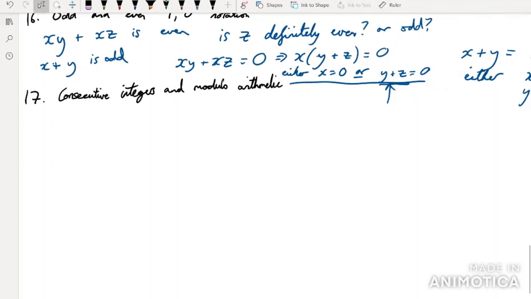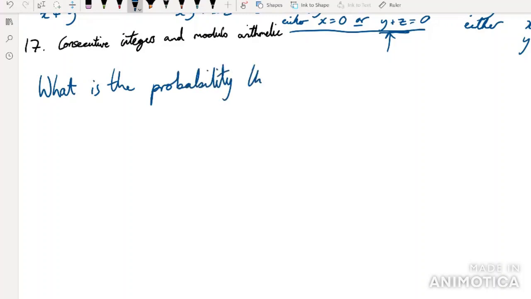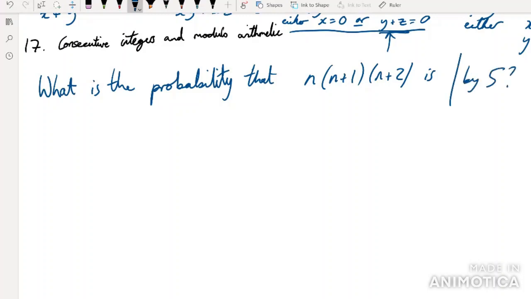And then the last topic, the last sort of trick: there are questions where they ask something like, what is the probability that n(n + 1)(n + 2) is divisible by 5? Effectively, these questions can be very easy if you know the trick.